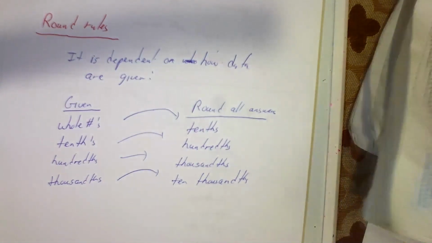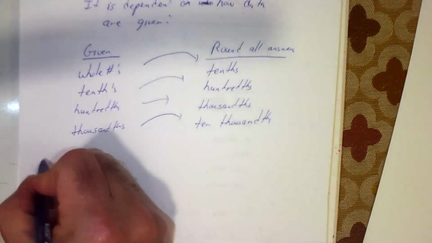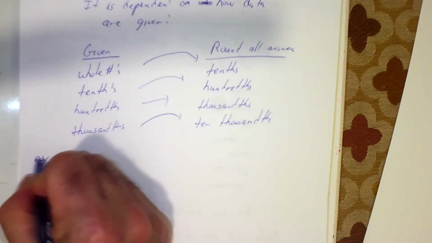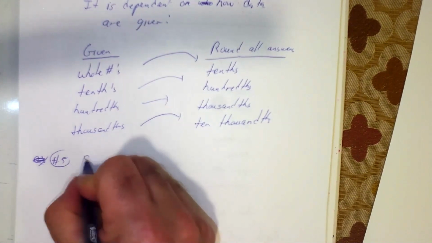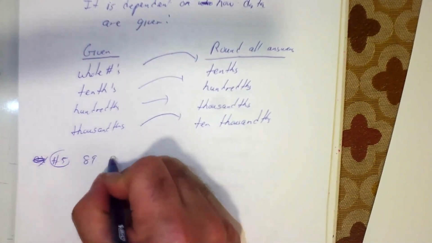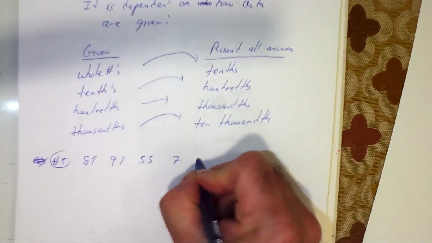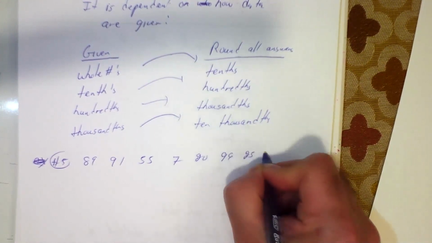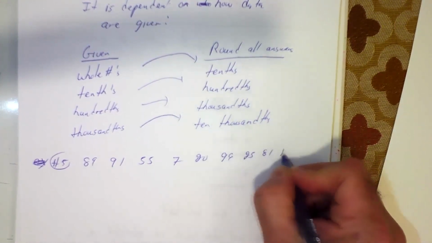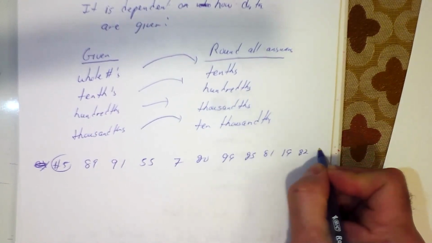All right, so here's our example. What were our numbers? This is number 5, right? So our numbers were 89, 91, 55, 7, 20, 99, 25, 81, 19, 82 and 60.